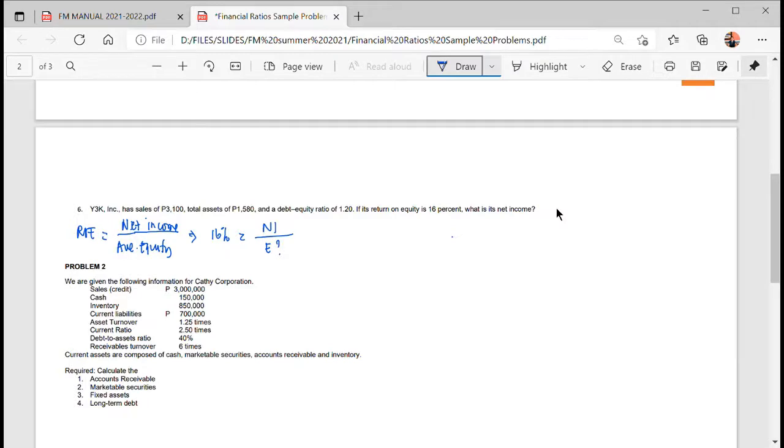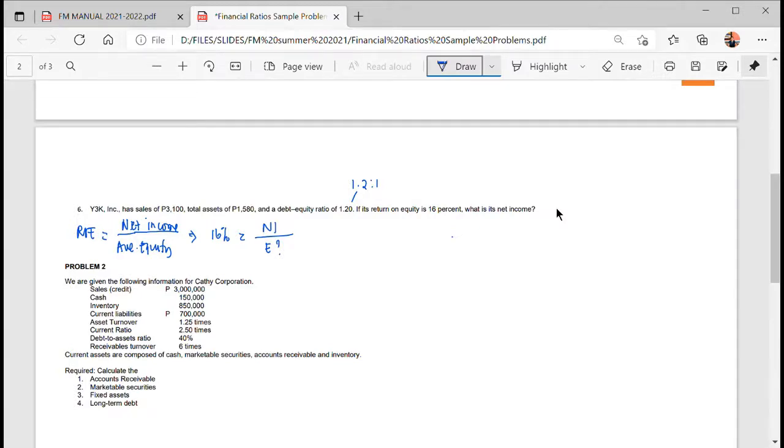So we have the given sales, and we have your total assets, and then you have your debt to equity ratio of 1.2. So how do we read this ratio? This means 1.2 is to 1. Therefore, your debt is 1.2 and your equity is 1. So for every peso of equity, you have 1 peso and 20 centavos of debt.